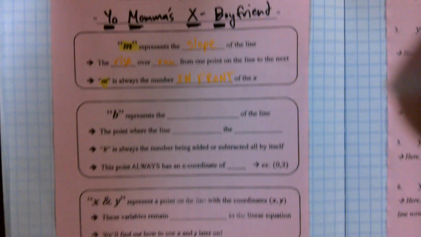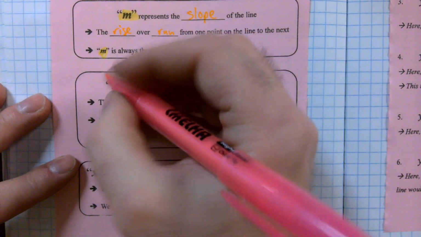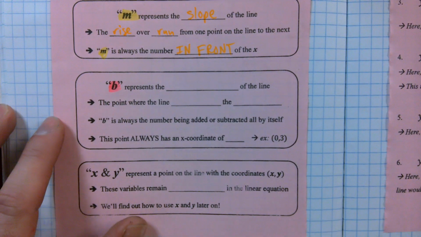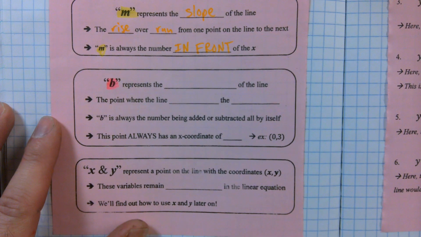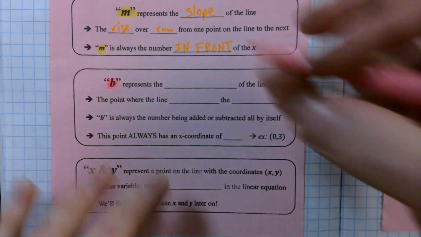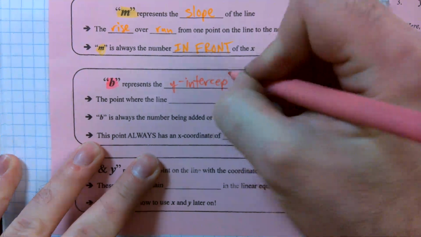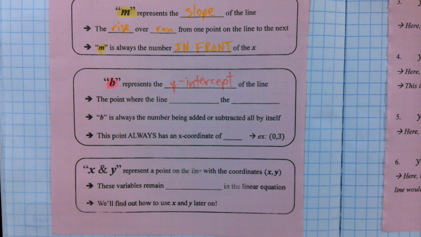The next important part is, of course, the B, right? It's been a long couple days, I'm sorry. Is the B. And the B represents, like we said, the Y-intercept of the line. We'll talk about why it's a B later.